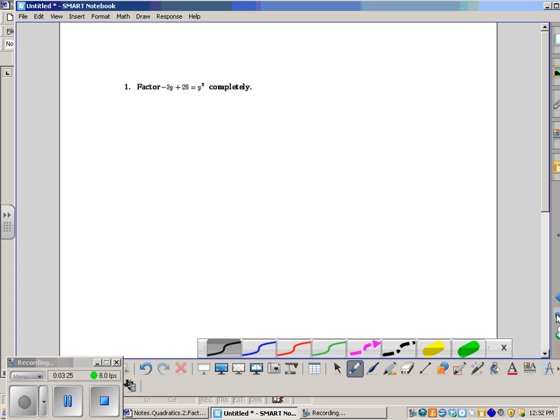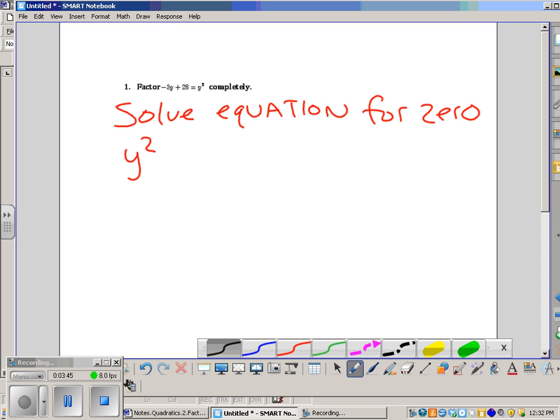Let's see. First question, number 1. We're factoring negative y plus 28 equals y squared. So my advice is to solve the equation for 0. So there's my equation.